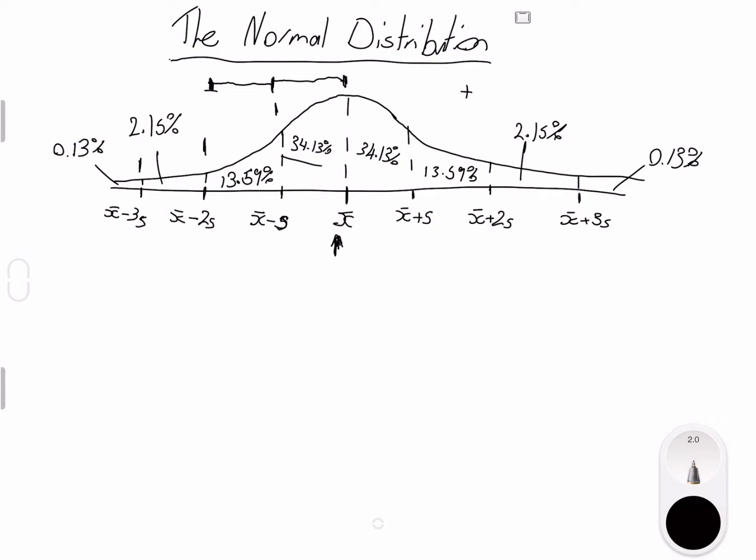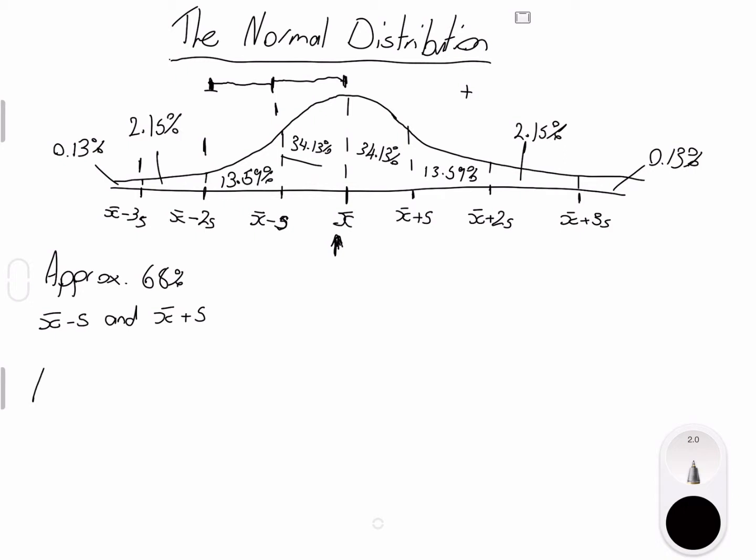So what we could say is that approximately 68% of the data lies between one standard deviation, or take one standard deviation and add one standard deviation.